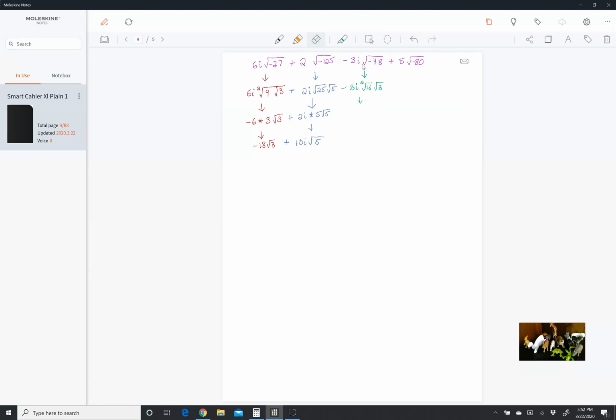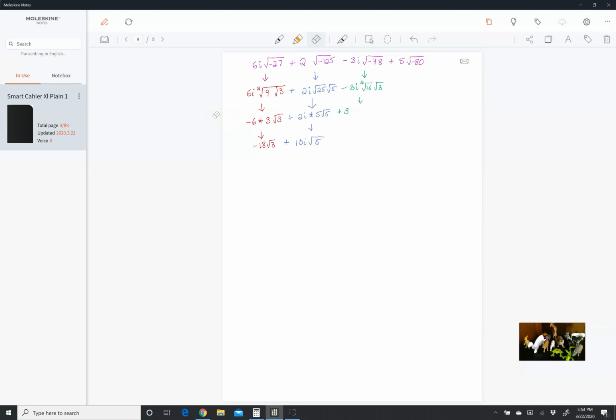If we keep going, this now becomes a positive 3. So the positive comes from this i squared over here. The i squared made this a positive. So I'm going to put that in black.